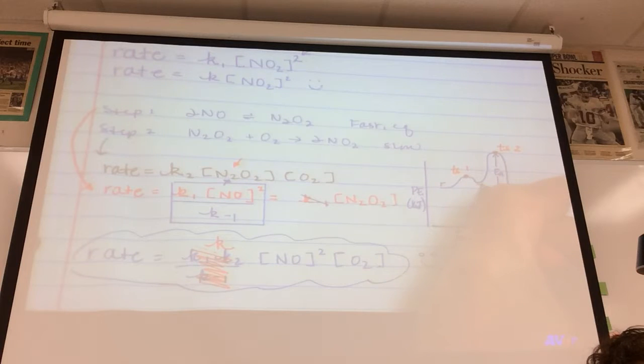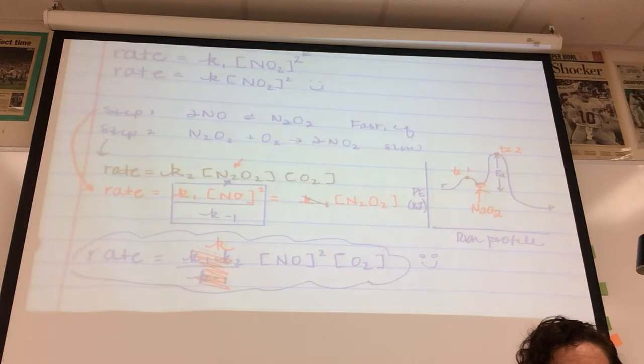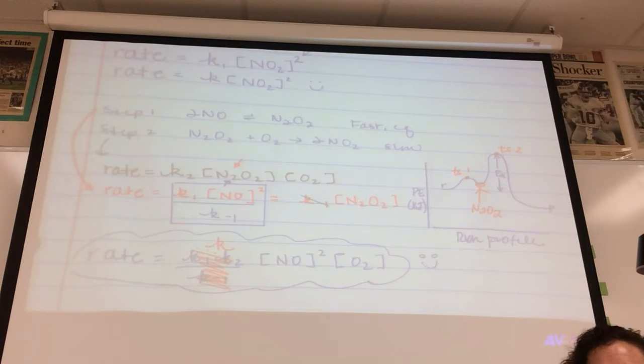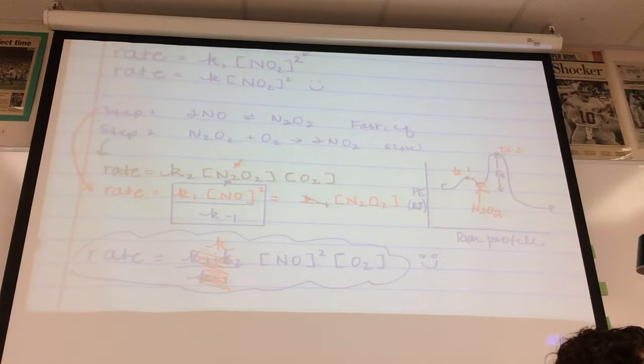And right here is where you would have your reaction intermediate, N2O2. And we're going to take a look at some of those curves to figure out the number of transition states as well as the reaction intermediate. And I'll show you an AP question where it was grossly similar.